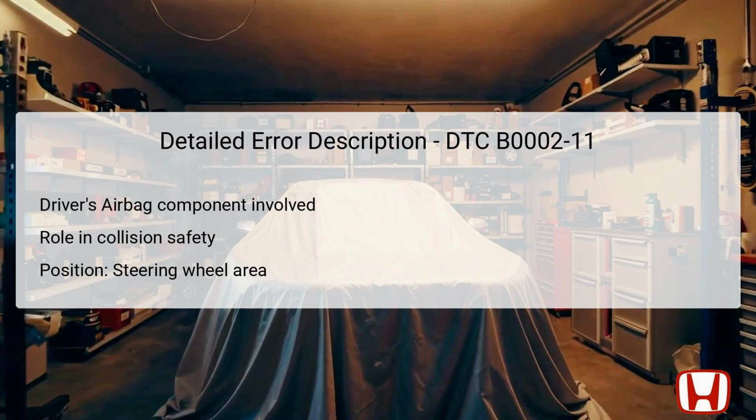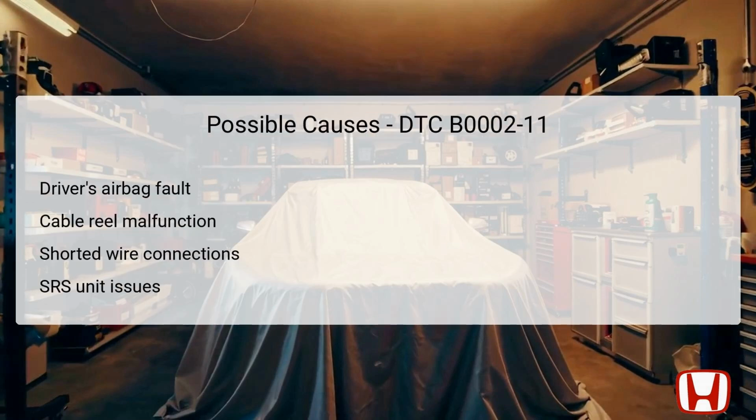Inspecting the locations of these components is crucial, as any damage or incorrect connections can lead to safety risks in the vehicle. Several factors can lead to the triggering of DTC B0002. A fault with the driver's airbag itself can occur, particularly after an accident where the airbag has been deployed or improperly replaced, leading to internal damage or wiring issues.